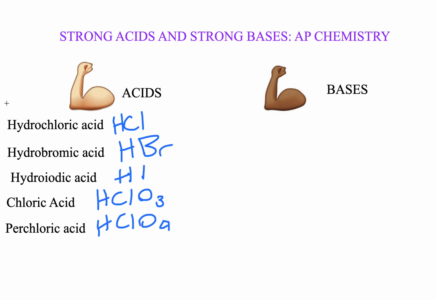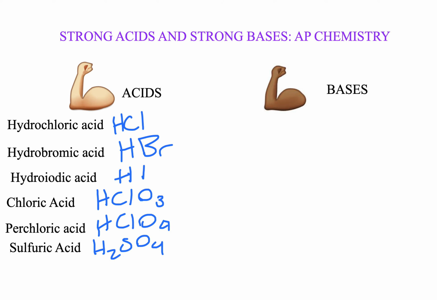of the chloric acid. And our second to last strong acid is sulfuric acid, which is just H2SO4. Hopefully you know your sulfate polyatomic ion, SO4 minus 2. Here's sulfuric acid.